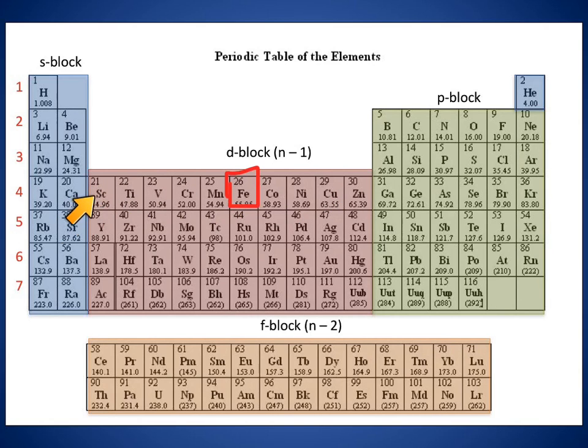That just corresponds. This is 1 in the D, 2 in the D, 3, 4, 5, 6, 7, 8, 9, 10 in the D. And then we move on to a different orbital. The way this works, iron is going to have basically all the electrons of the elements below it, and that's how any element is going to work.